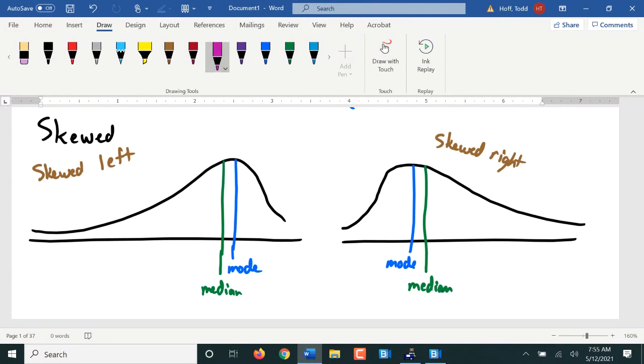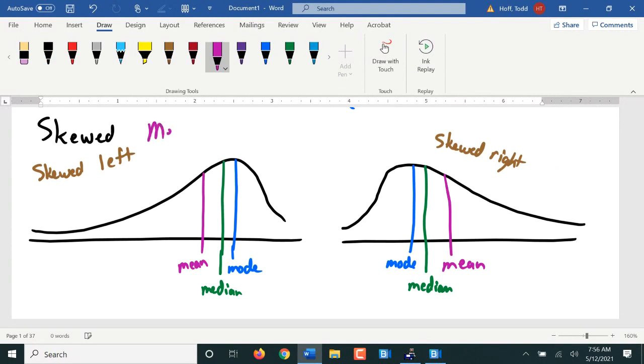And the mean, depending on just how severe the skew is, will follow the direction of the skew. So you can always tell what direction the skew is in.